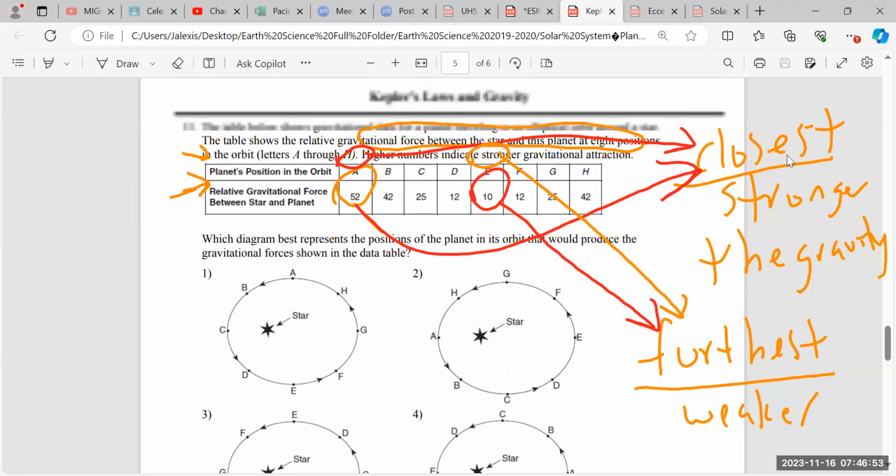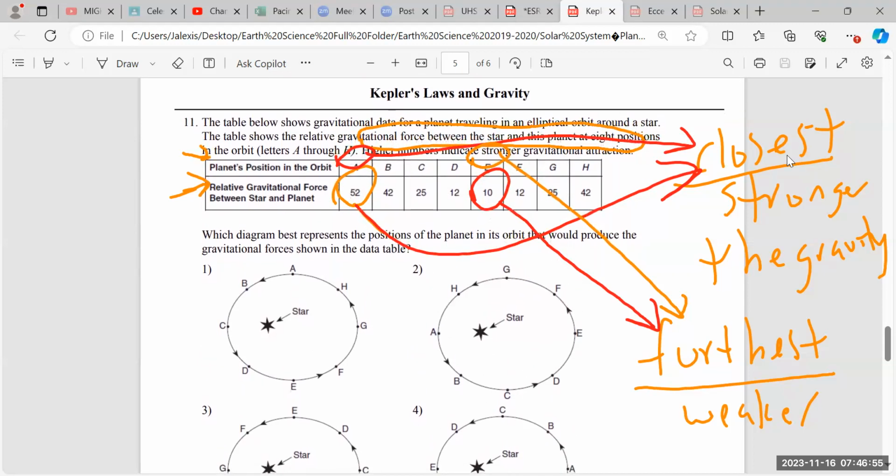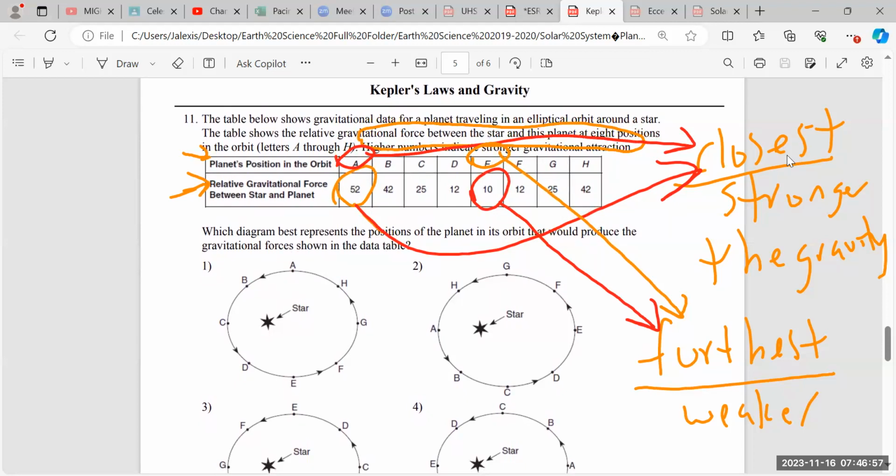And the only choice that shows where A is the closest to the star and E is the furthest from the star is choice 2, right? We see A right here. A is closest to the star and E is furthest from the star.